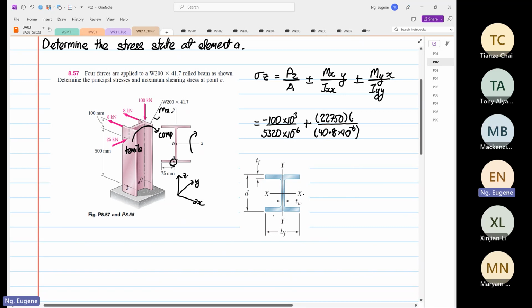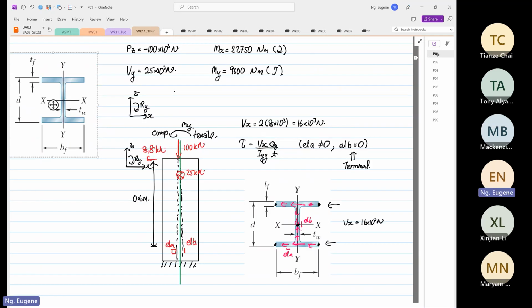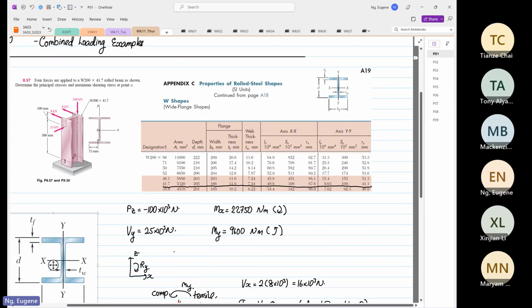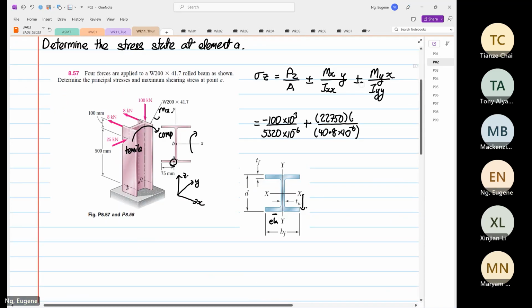This is where we have our element A. So this is the y distance, right? So it's equal to d divided by 2. So we go over here, the depth, which is 0.205, divided by 2.